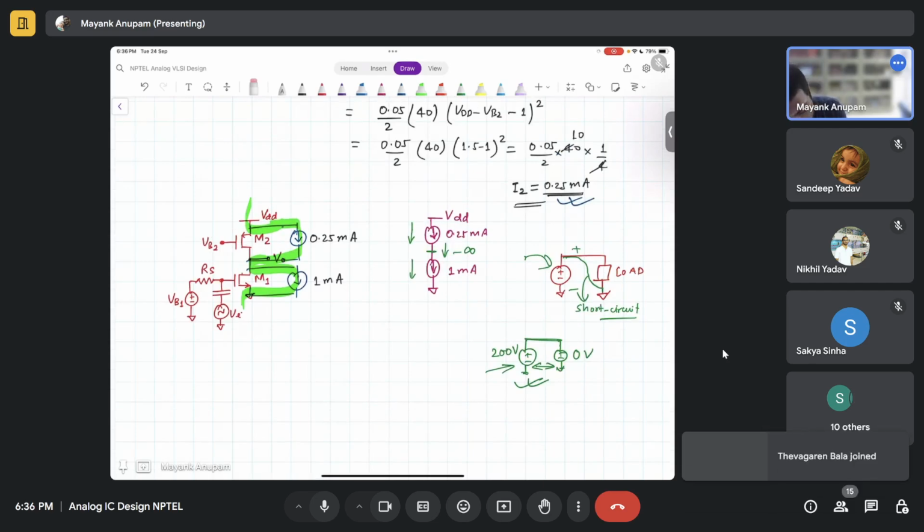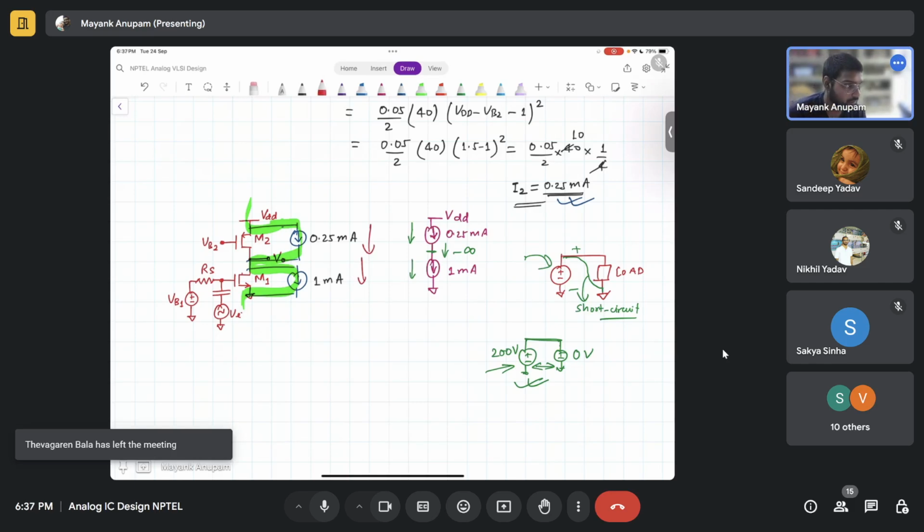Okay, it will start going down to the point where M1 is no longer in saturation. The moment M1 is no longer in saturation, the current equation will be different, right? The current will start to reduce after that. As V naught is going down, the current will start going down, and then a point will come where this current and this current will become equal. Are you following me?